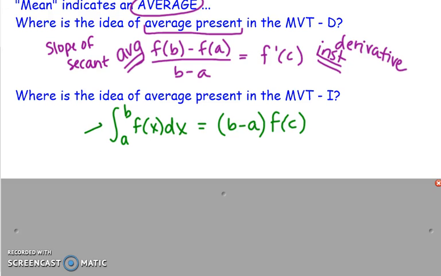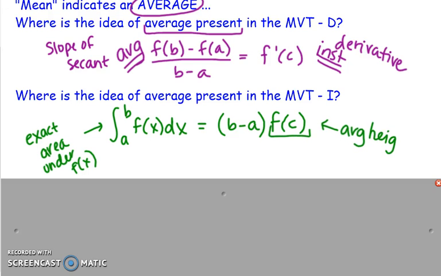So in this case, this is the exact area under f of x is equal to the average height times b minus a.